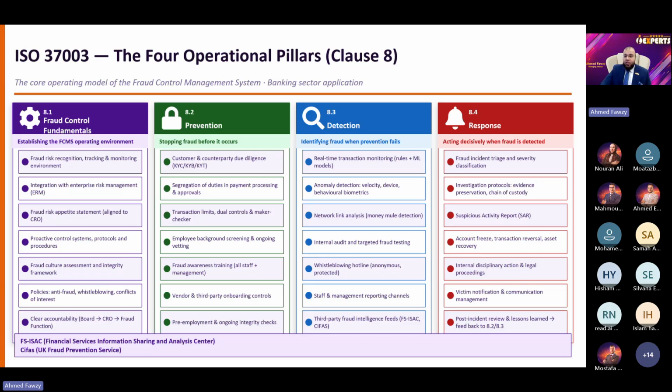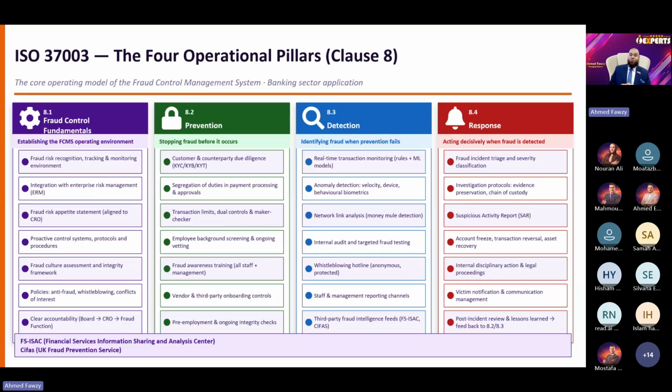Remember, and it's very important, as I mentioned during the sessions, that the central bank in Egypt, I think 1 or 2 weeks ago, forced all the banks to have a fraud department. So we highly recommend having ISO 37003 in place.